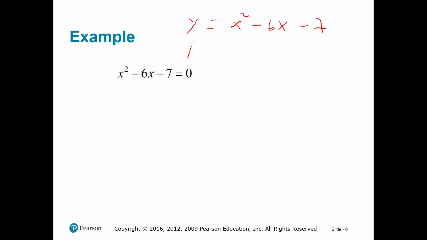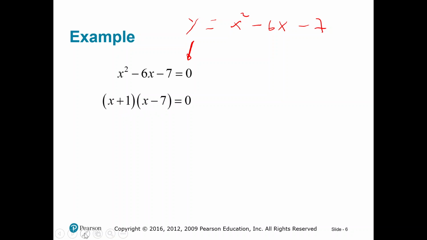Y is 0, so therefore we have our equation of x squared minus 6x minus 7 equals 0. Solve for x. We can factor, and so we have x plus 1 times x minus 7 equals 0.